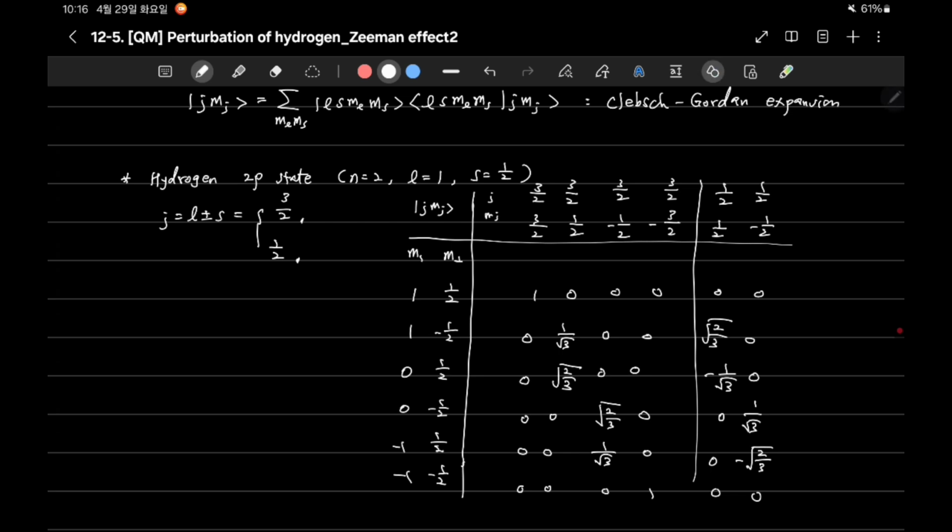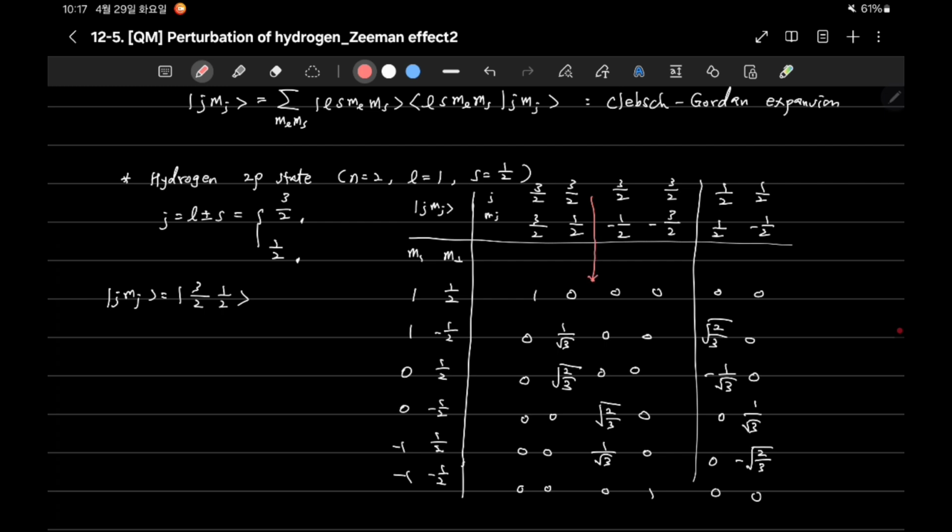For example, in this basis, how can I write it down? For the J and MJ basis, take J equal to 3/2 and MJ equal to 1/2.